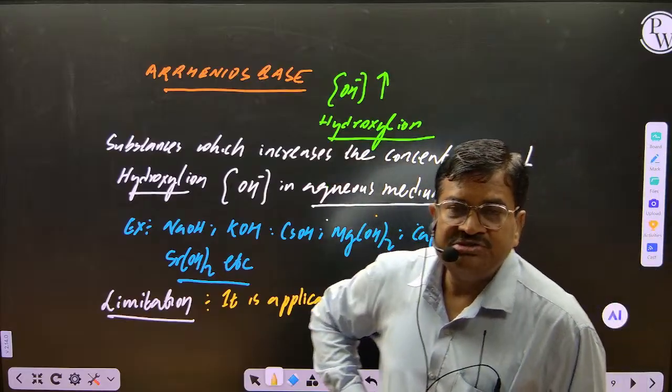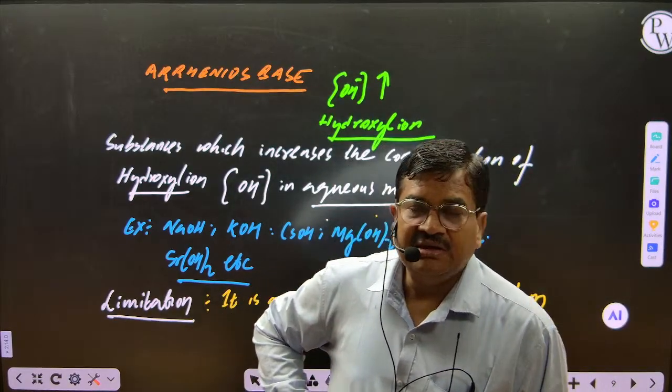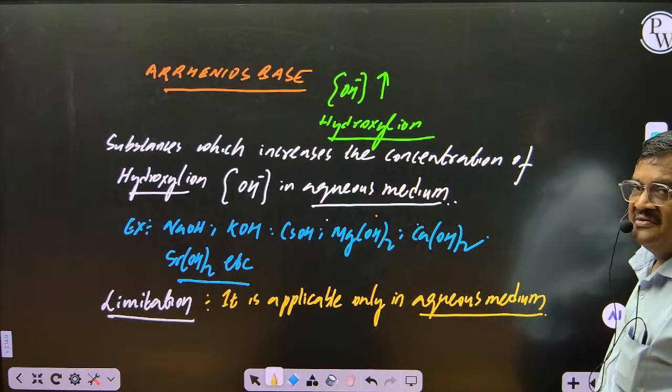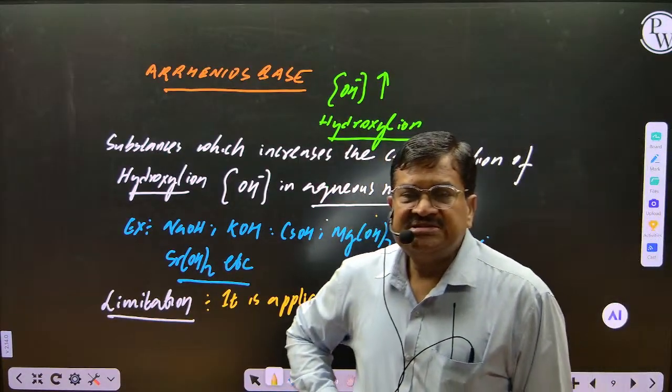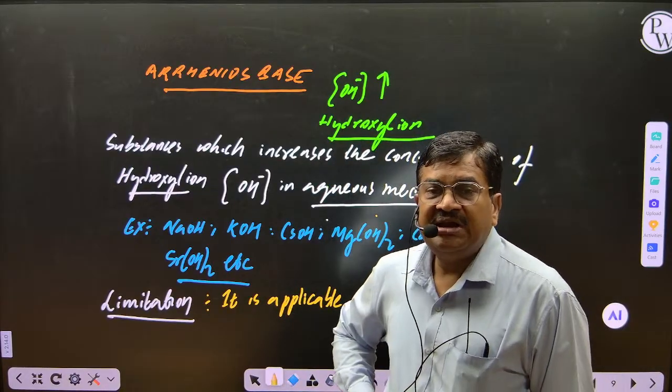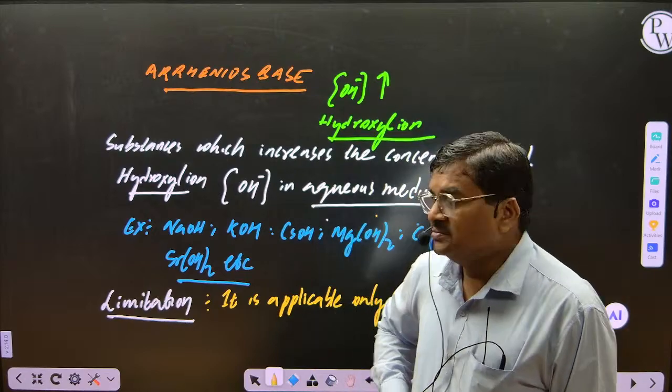Now write Bronsted-Lowry acid-base theory. Hope all of you understood. Simple: what is Arrhenius acid, what is Arrhenius base? Next, we have to discuss Bronsted-Lowry acid-base theory.